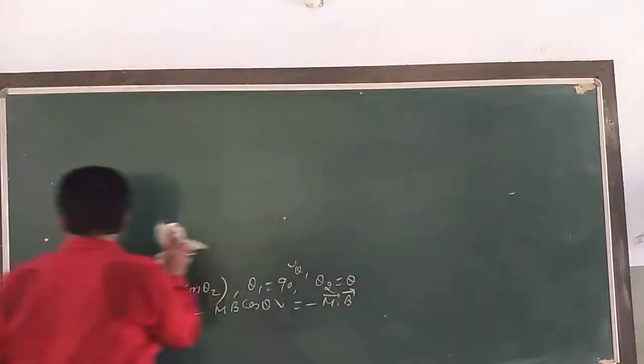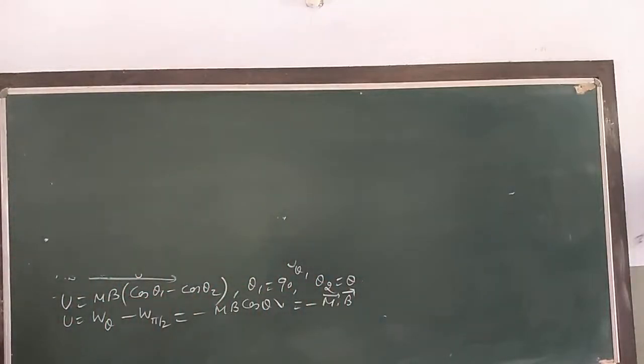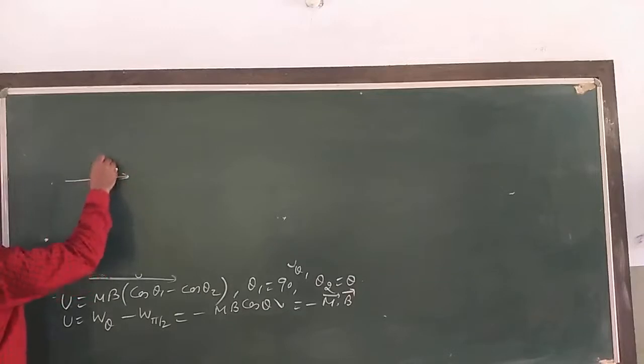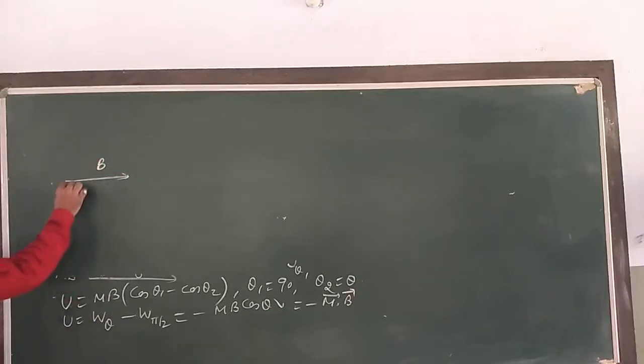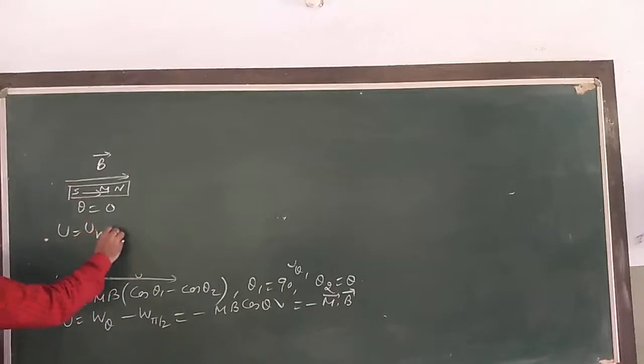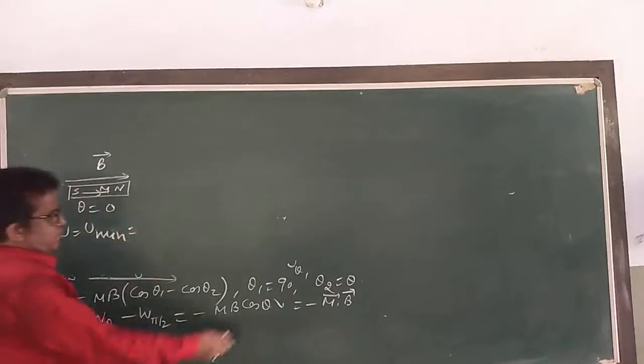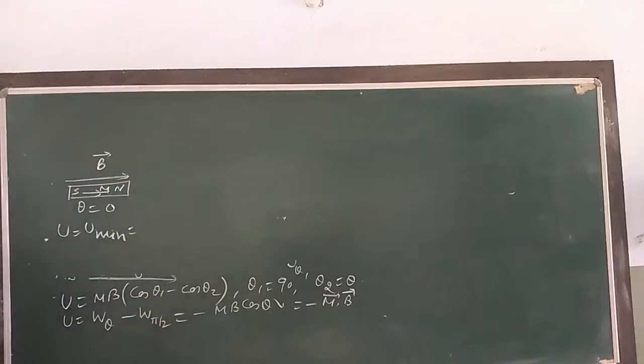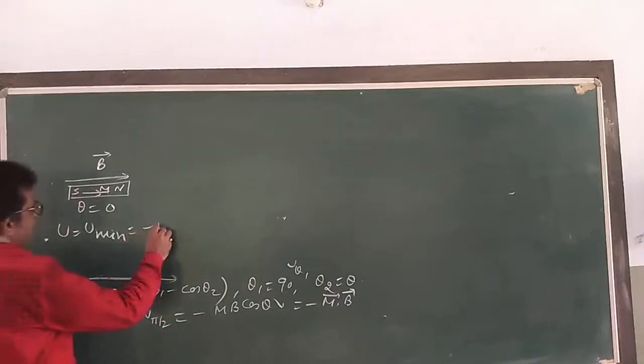When the direction of the magnetic field is this one, and the direction of your bar magnet is this one, say it is N, it is S, the magnetic moment is M, and the magnetic field is B. When theta here is 0, the angle between them is 0, U comes out to be the minimum value, minus MB.